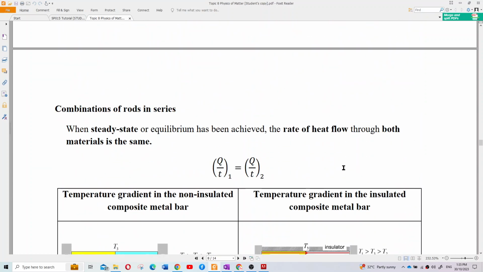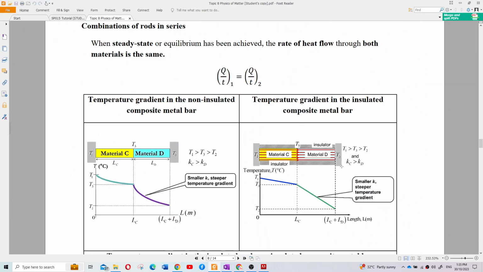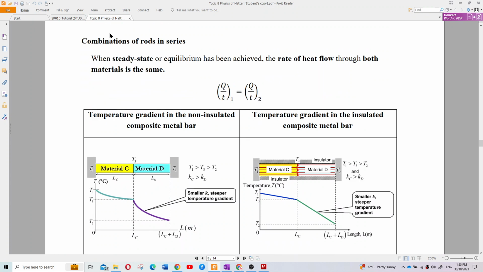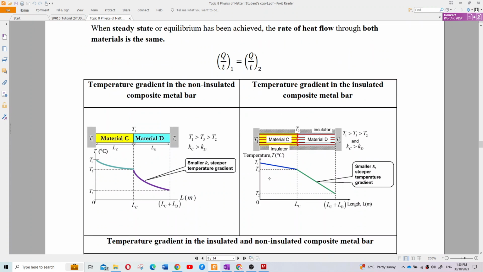That means we need to plot this graph. If you have two composite rods in series, you will see this one is a good conductor and this is a bad conductor. So you can see this.